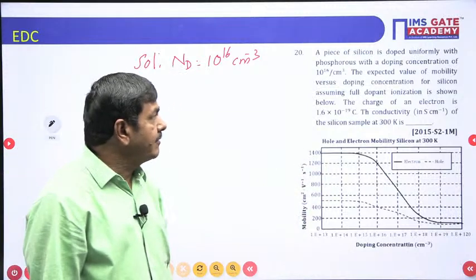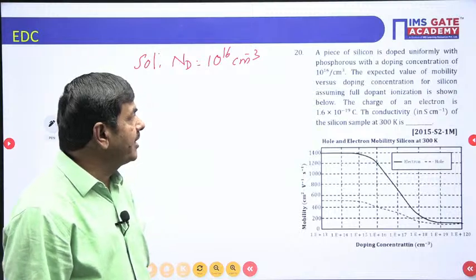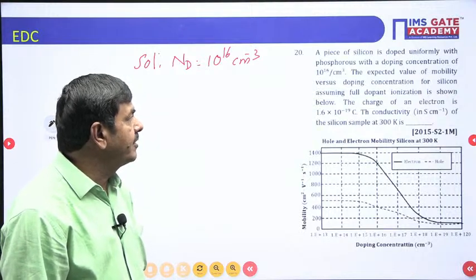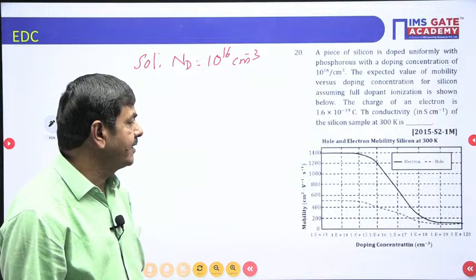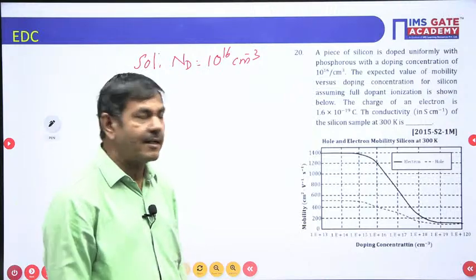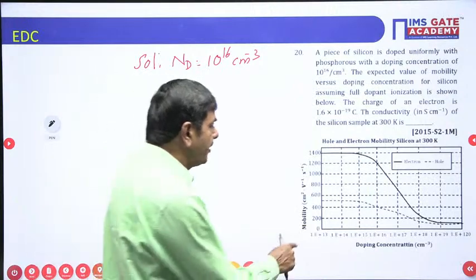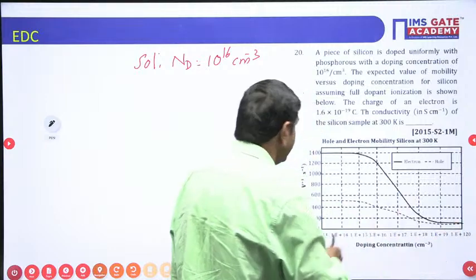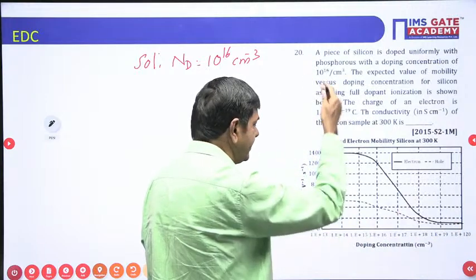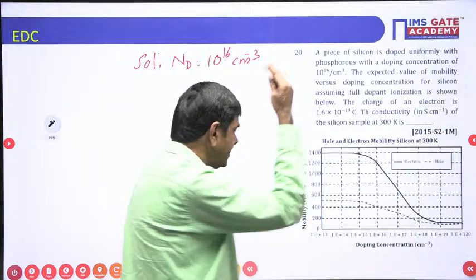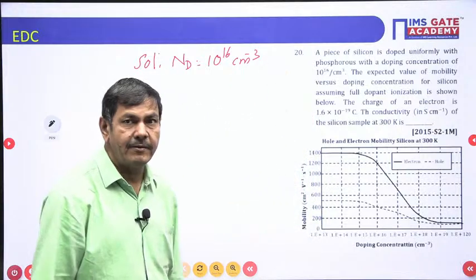The expected value of mobility versus doping concentration for silicon, assuming full dopant ionization, is shown in the figure. In the diagram, a graph is given, with doping concentration on the x-axis and mobility on the y-axis.